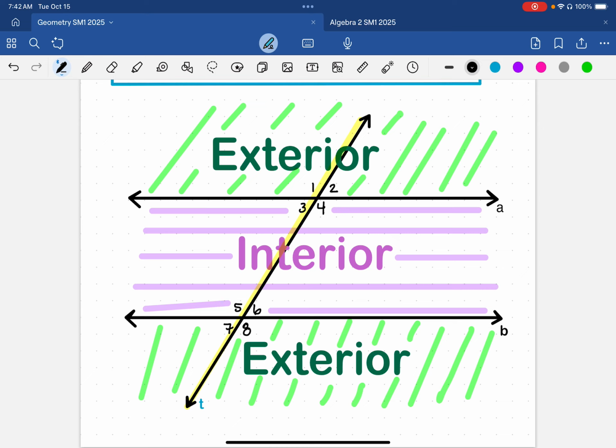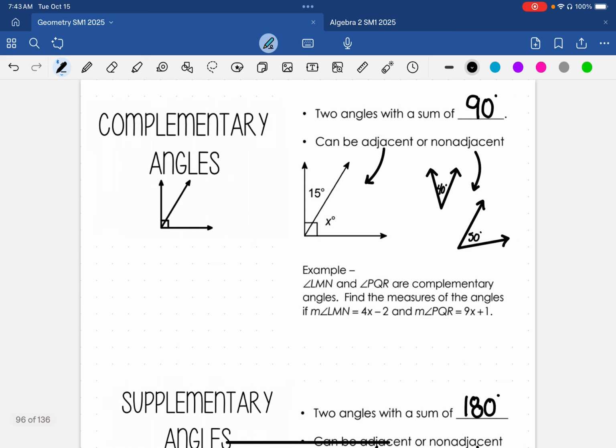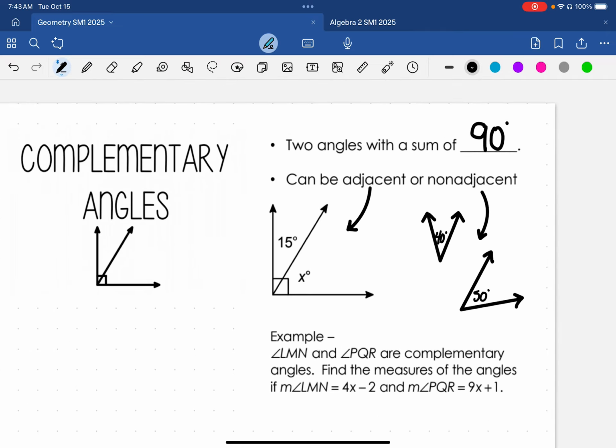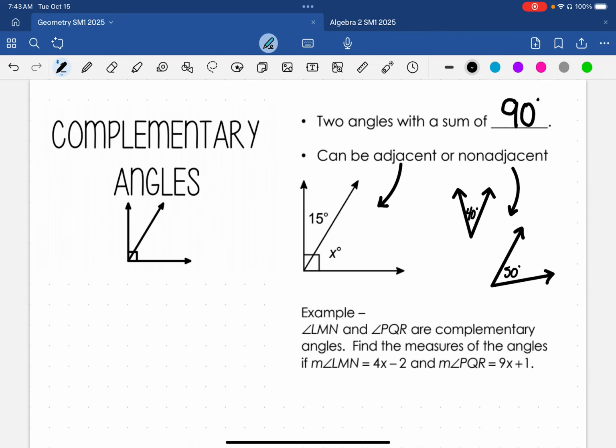All right, we're going to go ahead and do our first foldable of the day. This would be the smaller foldable. Please go ahead and cut out on the solid lines and fold on the dotted lines. We're going to start with the complementary angles at the bottom of the foldable.